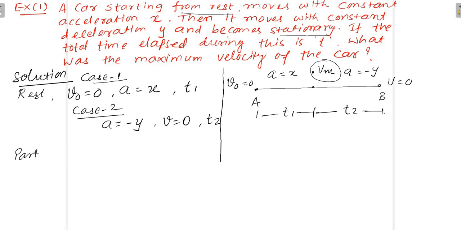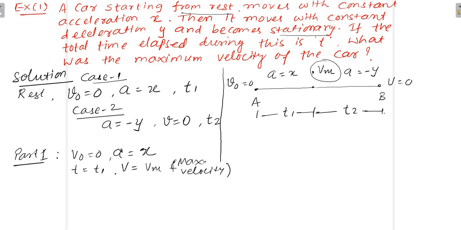So the first part, or case 1, is for which v0 is 0, a is equal to x and t is equal to t1, and the final velocity v is nothing but Vm, the maximum velocity, which is what we would like to calculate.